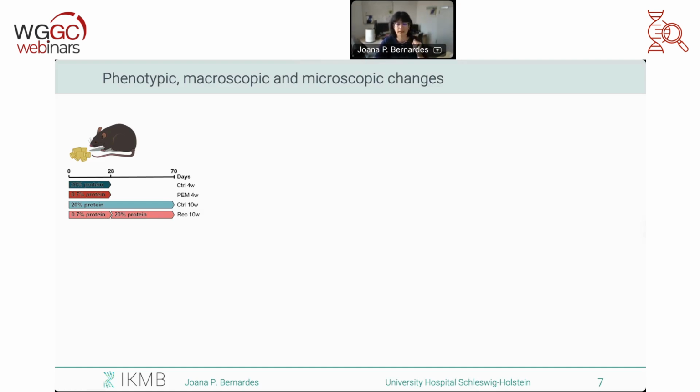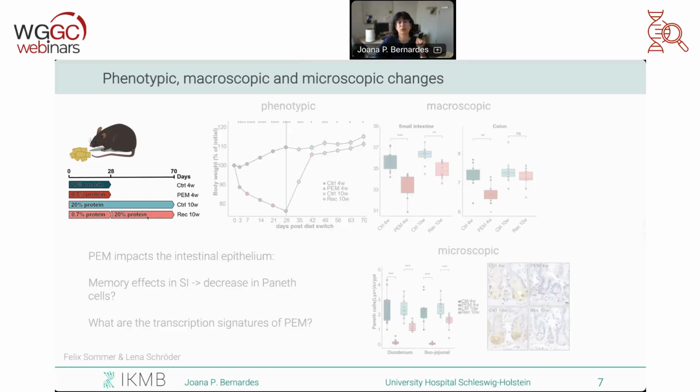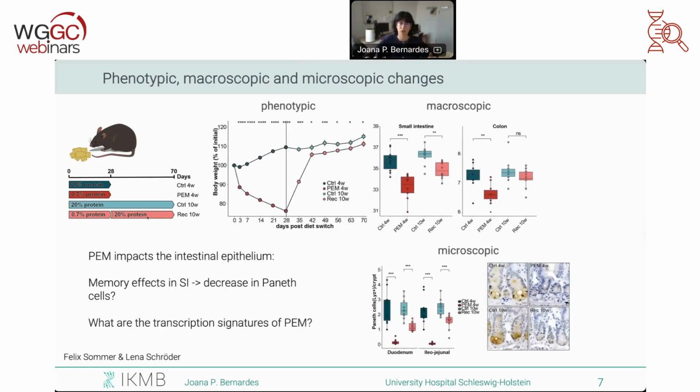So we saw multiple things, but this is just to describe you the phenotype. Of course, the mice that are under PEM, there is a decrease in their weight. And then after this acute PEM phase, there is a recovery phase. But what we observe is that even with the normal chow given after the acute time, the mice don't really recover.